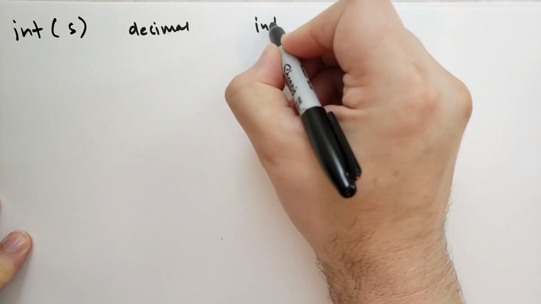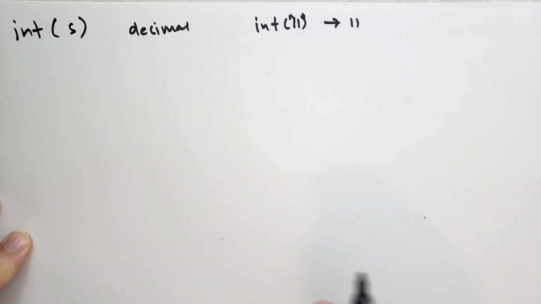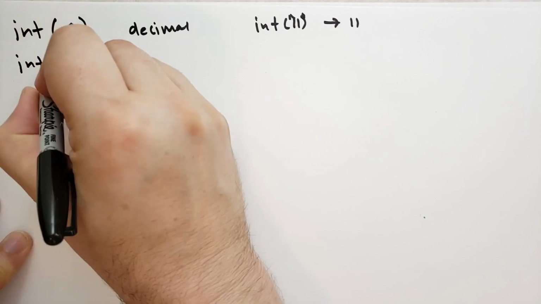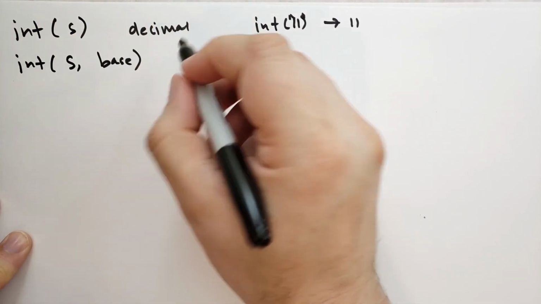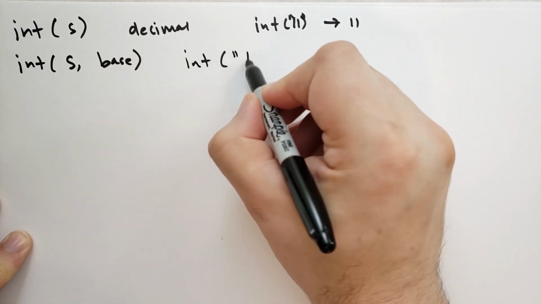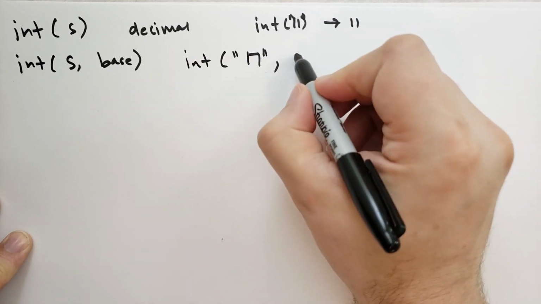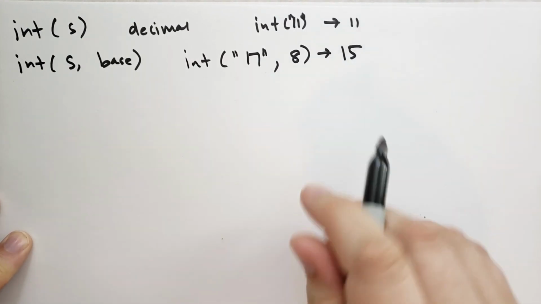So for instance, int of 11 as a string will in fact give you the integer 11. But you can also pass in strings of different bases. So you can say s comma base. Okay. So if I did int of, let's say, 17, comma base 8, that will give you, let's see, 8 plus 7 is 15.